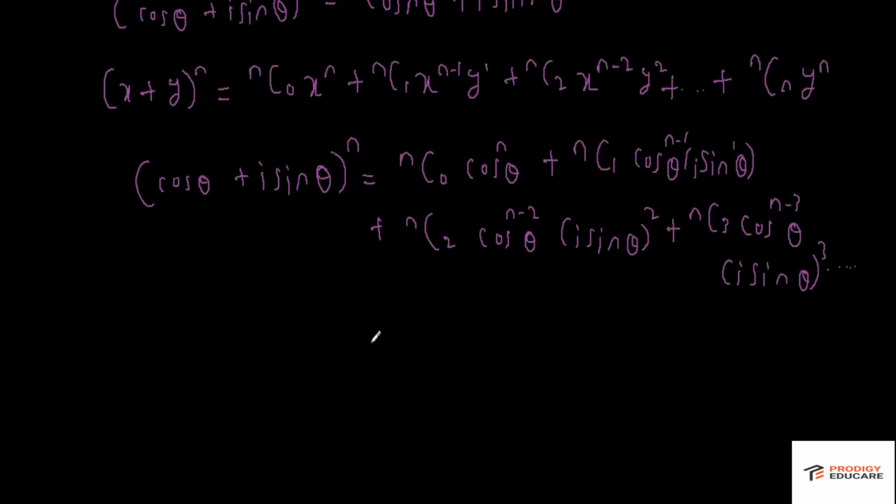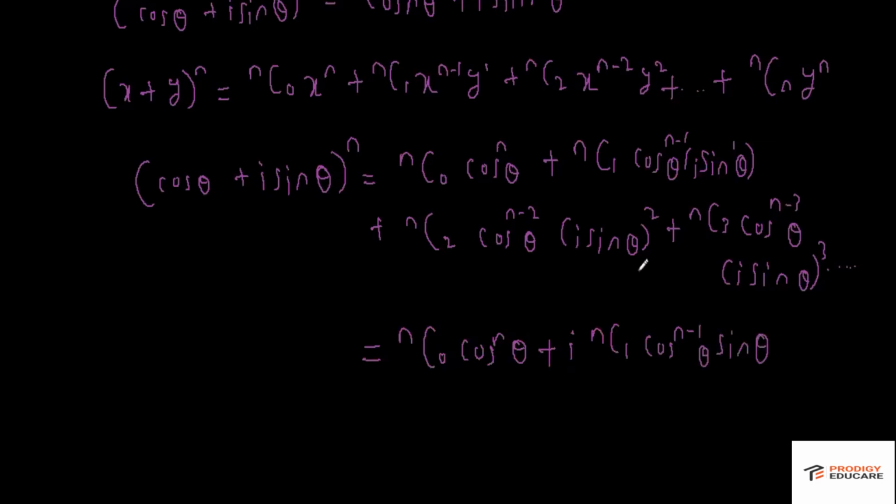Now I'll just simply expand this. I can write nC0 cos raised to n theta. Then I have this term, so I have to write plus i times nC1 cos raised to n minus 1 theta sin theta.